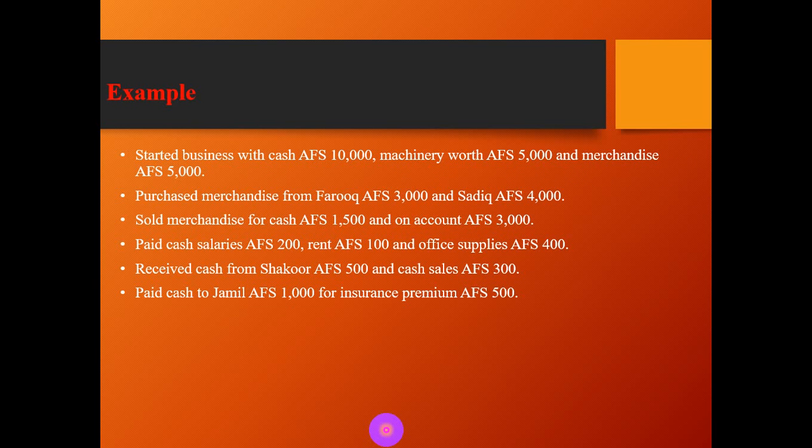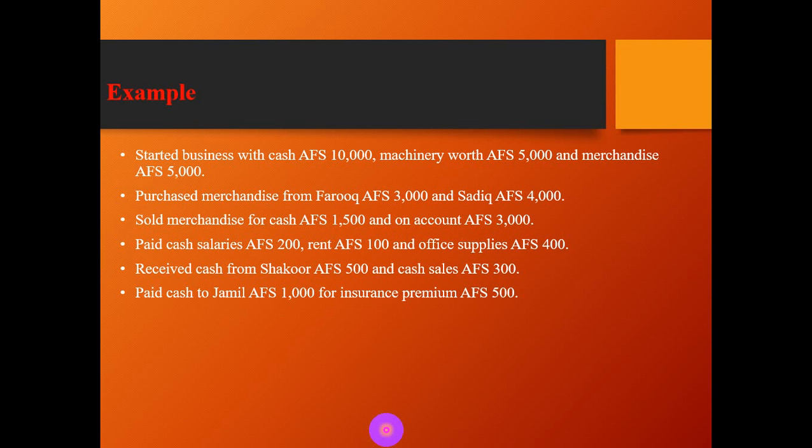It is clearly mentioned: start business with cash 10,000, machinery worth 5,000 and merchandise worth 5,000. So on the same day, December 5, three transactions happen: cash, machinery and merchandise. These three transactions happen on the same day, but we have to pass one entry.